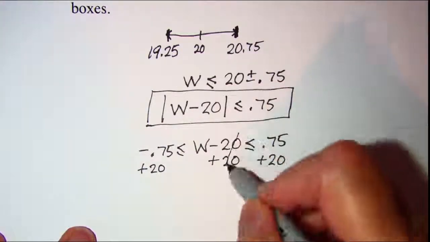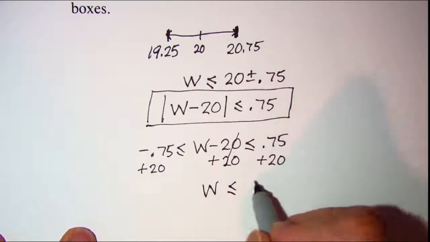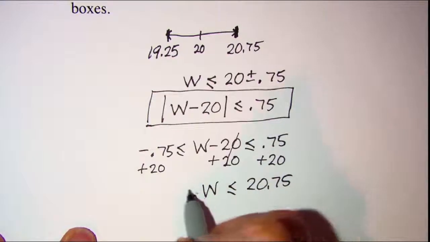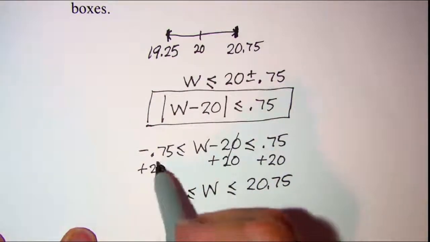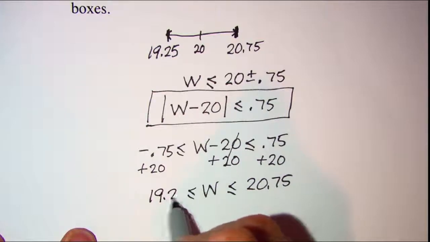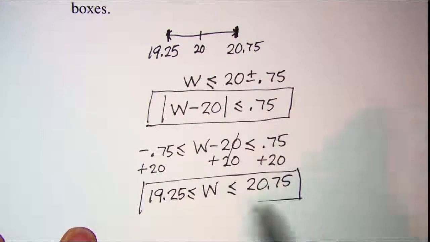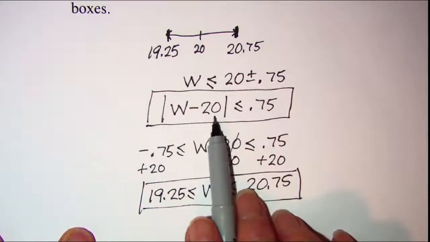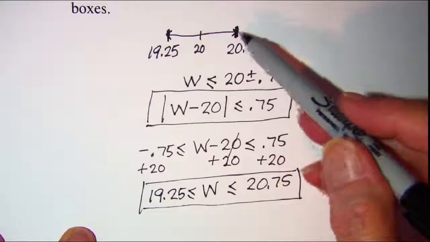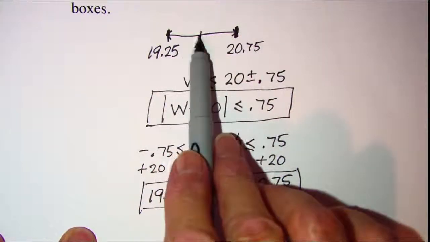So these will cancel, and we have w is less than or equal to 20.75. And then on this side, we'd have 19.25. So this was the solution to this absolute value statement. Notice that I had that solution appear when I just described the situation.